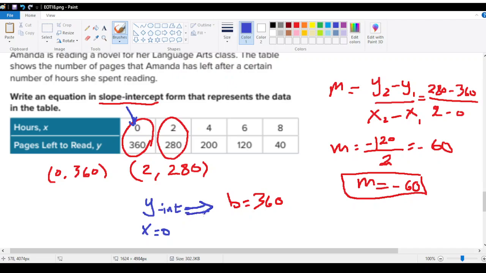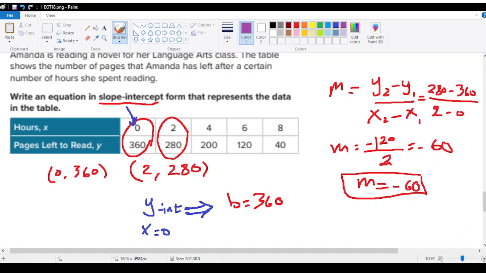Okay, Shamsa? So here, what's the starting or the initial or the y-intercept? Call it whatever you want. It should correspond to x equals 0. So it's 360. Now, last thing, we write the equation.